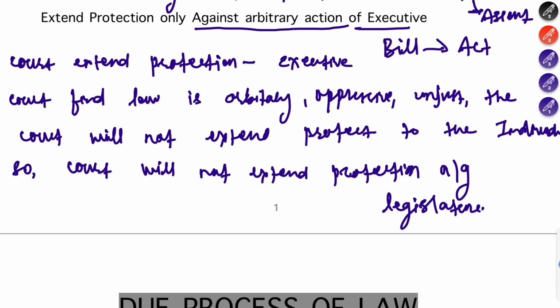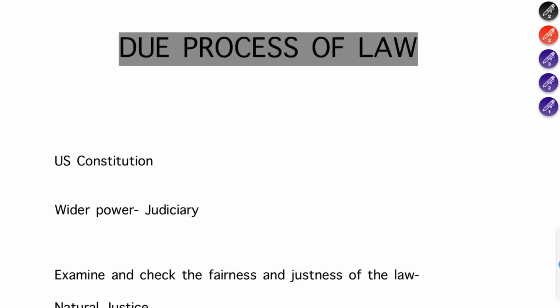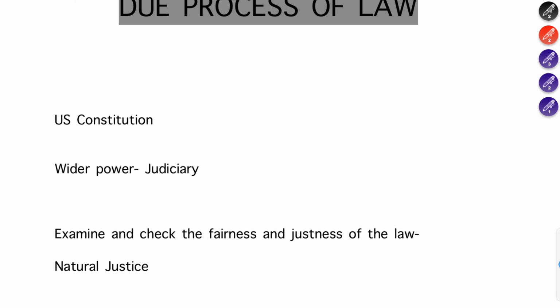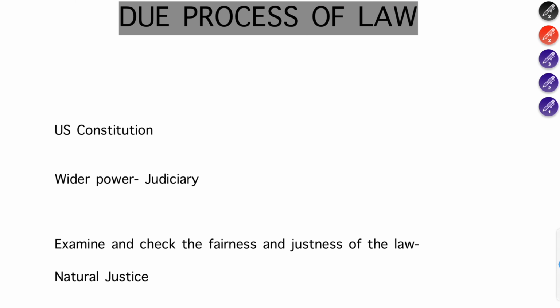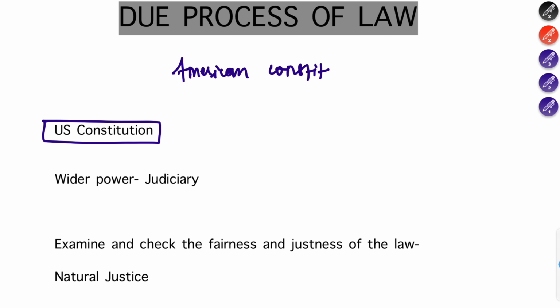Now we will proceed to due process of law. The doctrine of due process of law originated under the US Constitution, the American Constitution. Due process of law gave wider power to the judiciary.